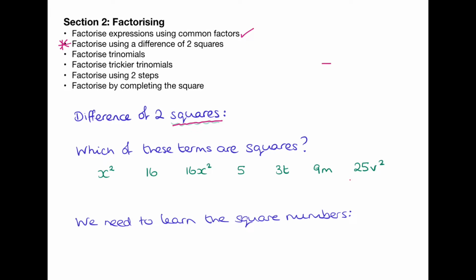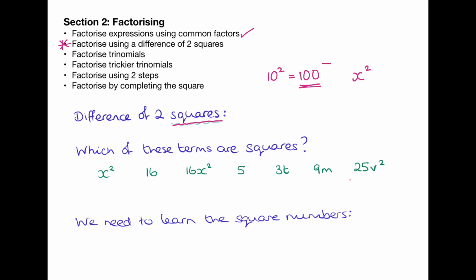So, for example, because 10 squared is equal to 100, then 100 is called a square number, because something squared gives you 100. X squared is a square because x squared gives you it. If you can square something to get it, then it's called a square.